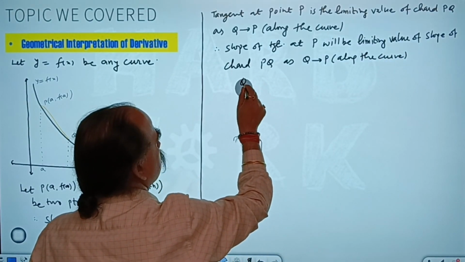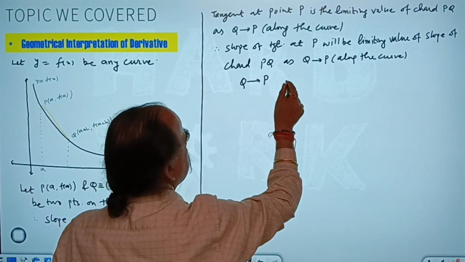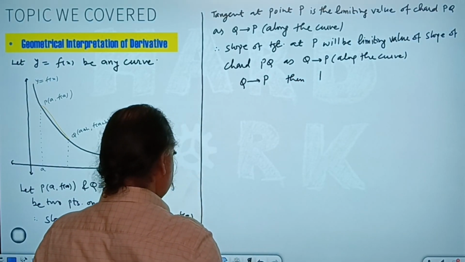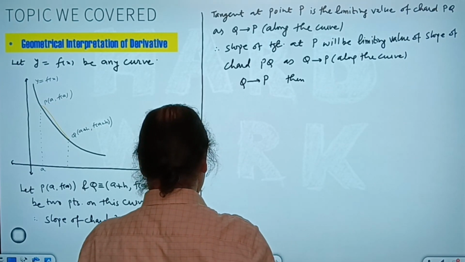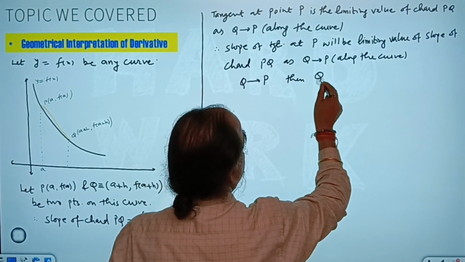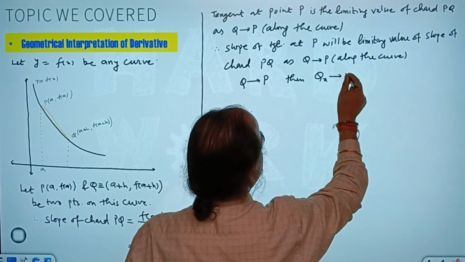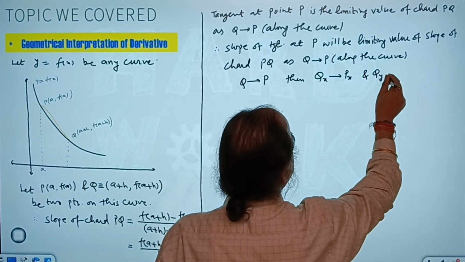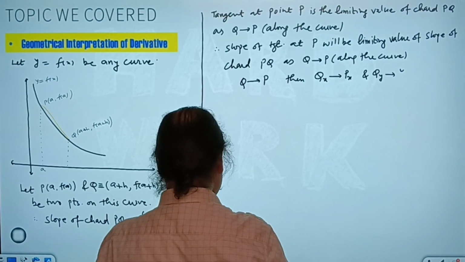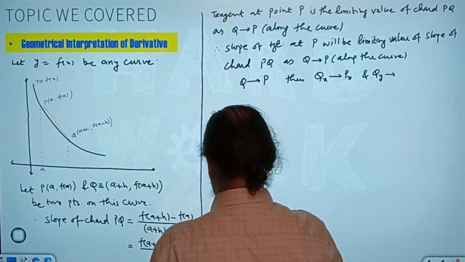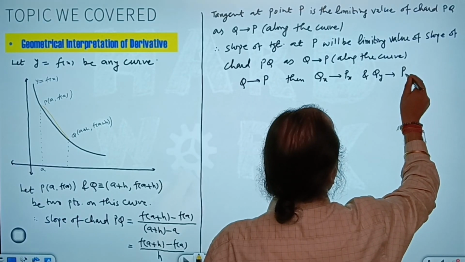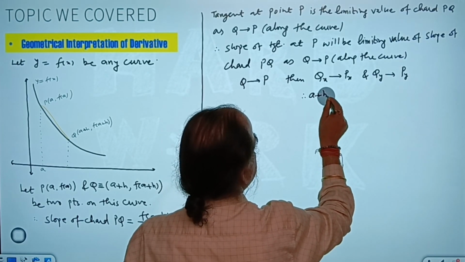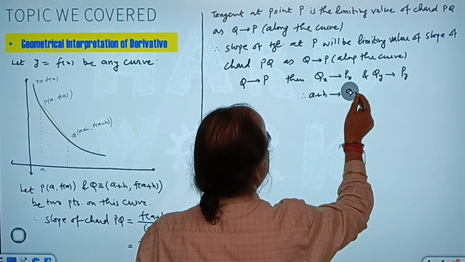Now when can you say that Q approaches P? If Q approaches P, then the x coordinate of Q approaches the x coordinate of P, and the y coordinate of Q approaches the y coordinate of P. Now the x coordinate of Q is a plus h, which approaches the x coordinate of P, that is a.